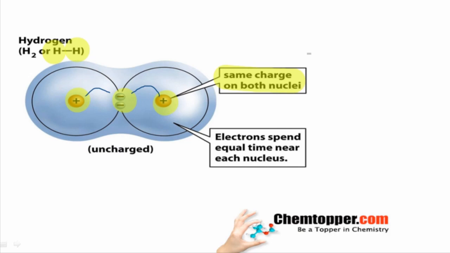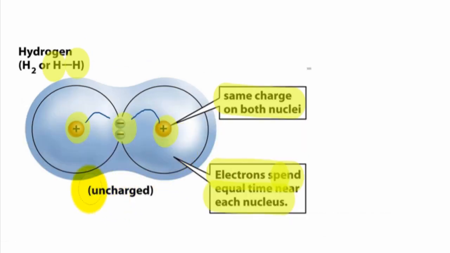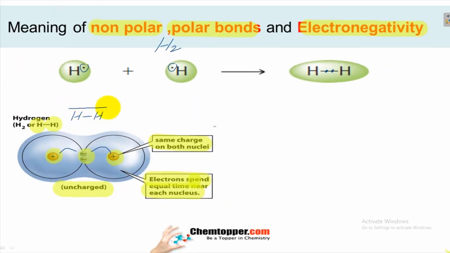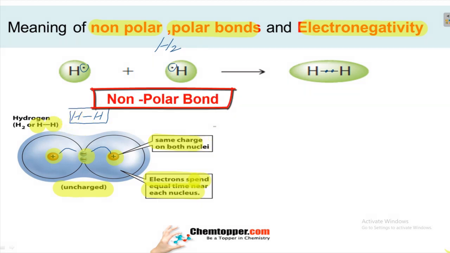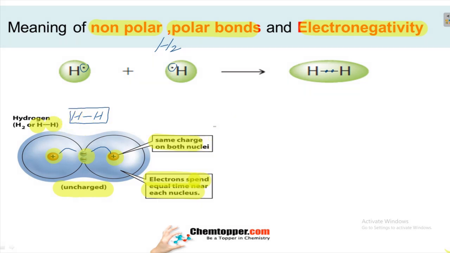So, the shared pair of electrons are going to spend equal time near each nucleus. Due to this, there is no charge separation and hence the hydrogen molecule remains uncharged. This bond in which there is no charge separation or polarity is called a non-polar bond.